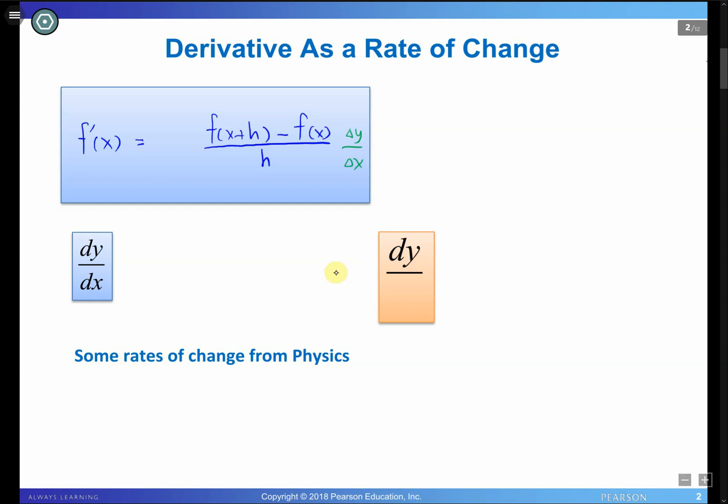So let's do that. Let's have a limit right here. And now we want the base of this right triangle to be as small as possible, which means that the length of the base, which is h, has to approach 0, go to 0. And there you go, we have the definition of derivative of f with respect to x.